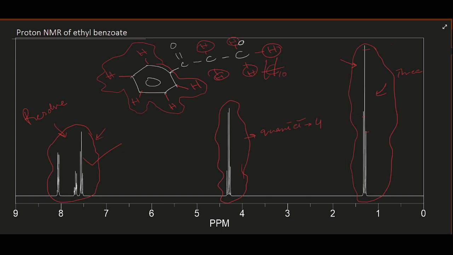We can say that this is a proton A, this is also A, this is also A. So these 3 protons are the same, attached to the same carbon. But the protons on the second carbon, the CH2, these two protons are also in the same chemical environment, and one is near the carbonyl group on the aromatic moiety, on the benzene ring.